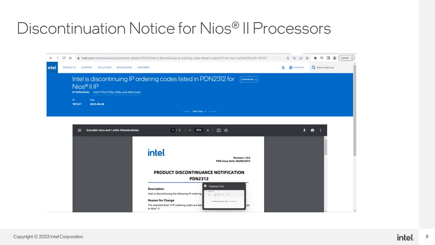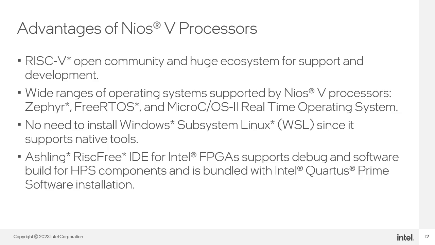The discontinuation notice for Nios II is on our website for upcoming devices and Intel Quartus Prime software newer versions. If you want to know more, go to the suggested link in the resources section. Some of the advantages of Nios V processors include the RISC-V open community and huge ecosystem and support.